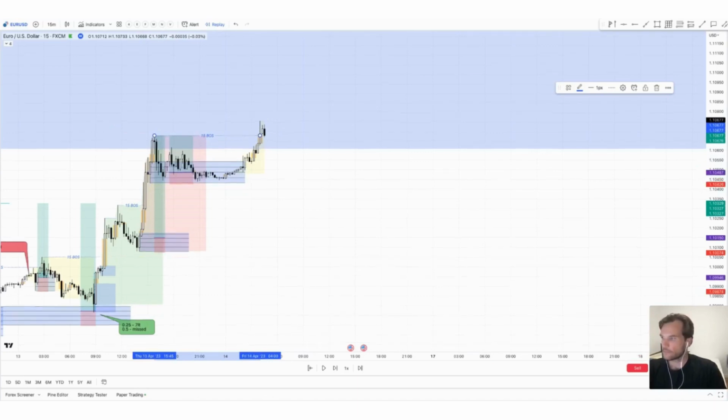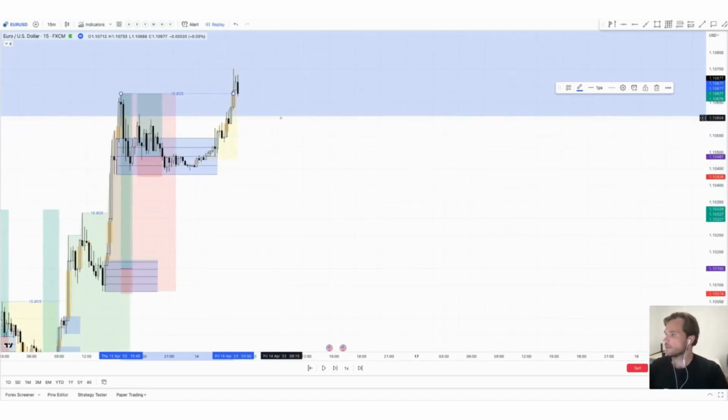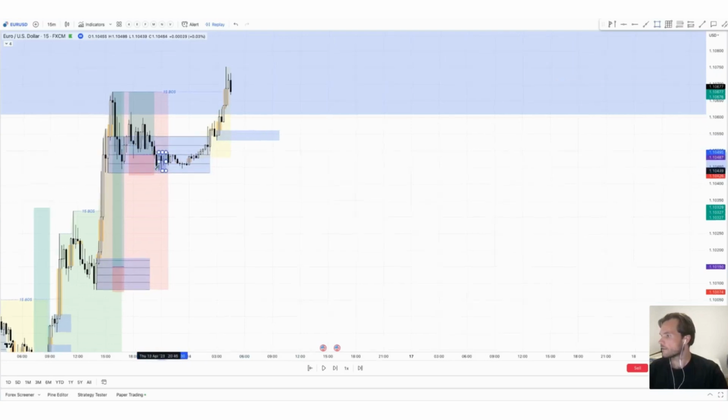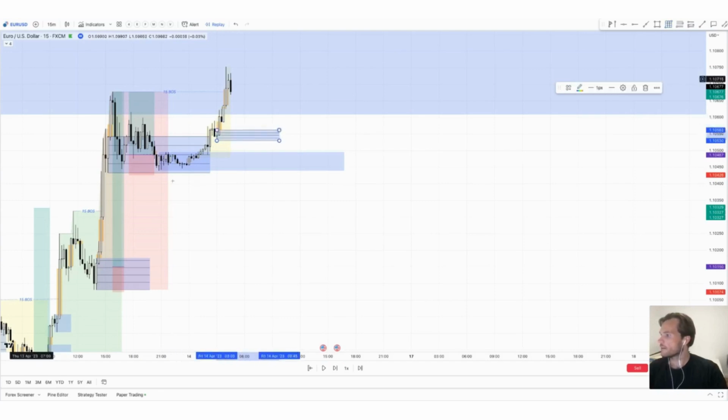We've now got this pretty ugly break of structure. We've got this flip zone and this extreme. We're definitely in the daily point of interest, so it's something to be aware of.